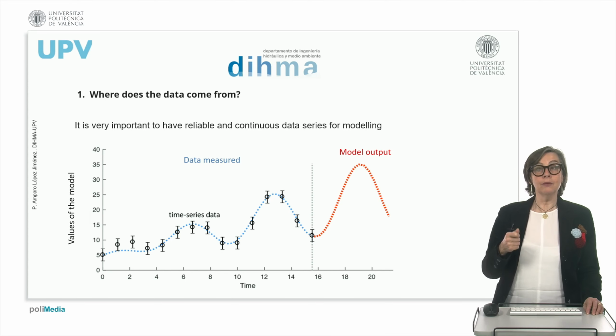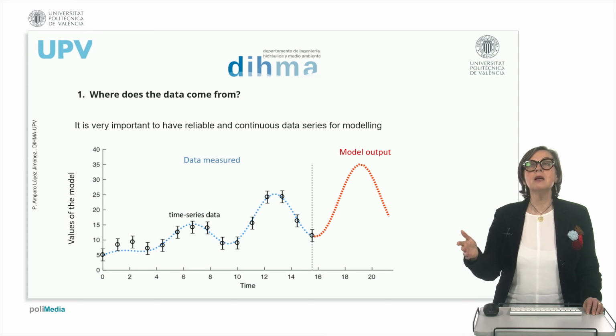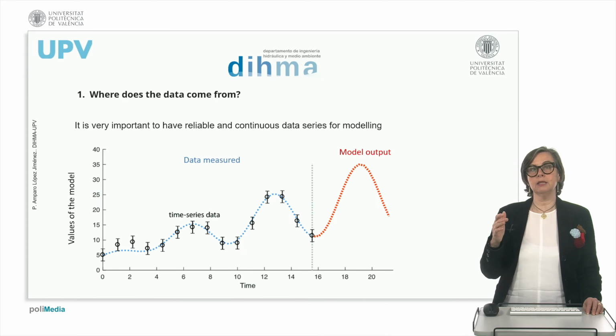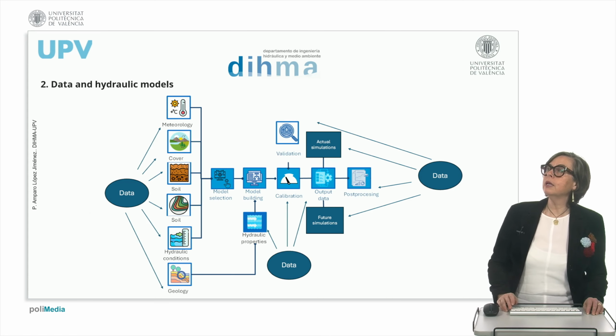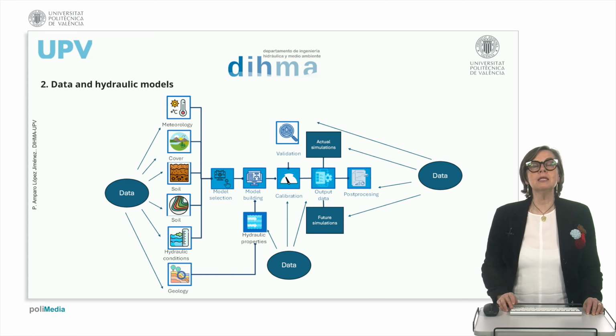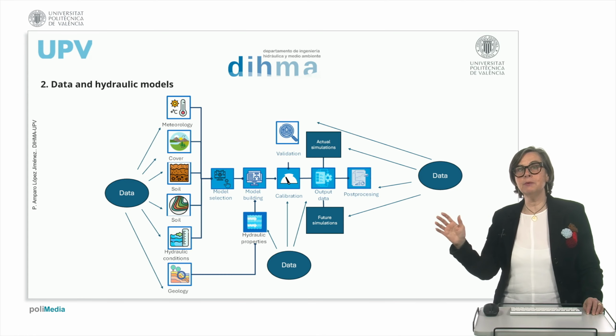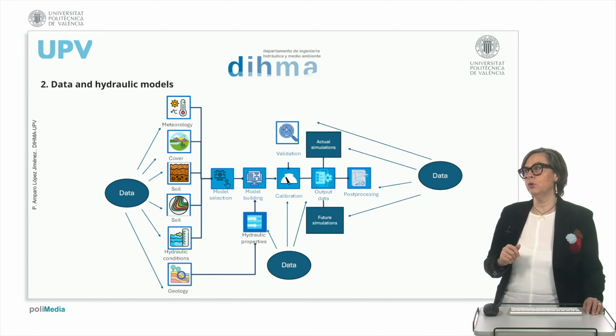And then we will have to use our model with this data to have solutions. So we have data measures which interact with the model many times, and then we have the model output in order to have solutions to propose for the system. So hydraulic models in their several stages interact with data.